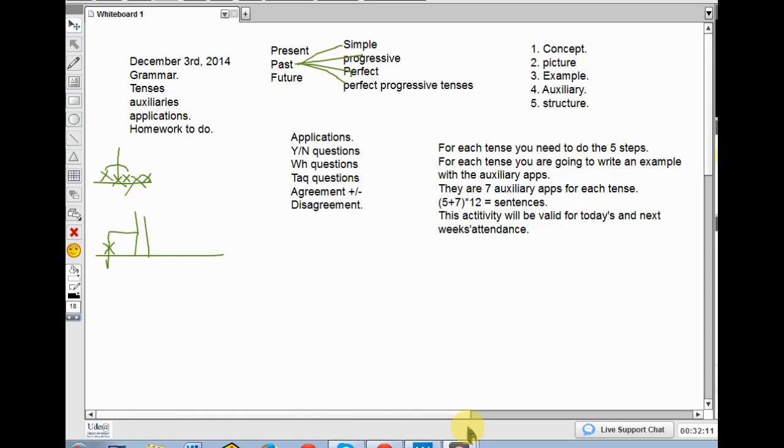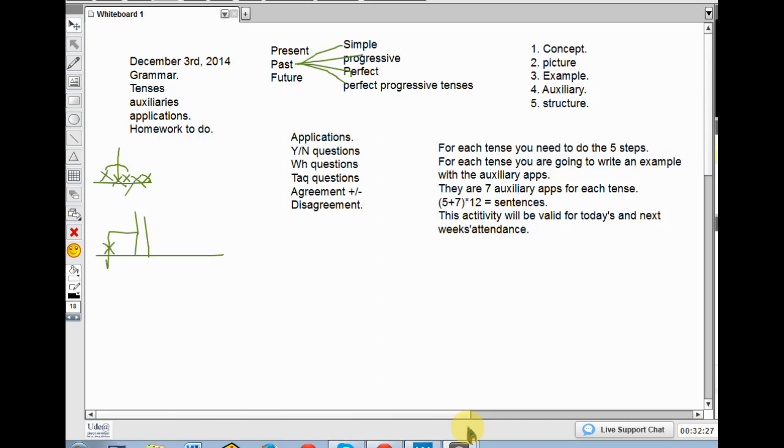There's going to be a kind of homework called grammar, tenses, and auxiliary applications. This is going to be something for you to upload. Remember, you can upload the homework this week or next week. I am going to give you this class and next class so that you can finish this activity.